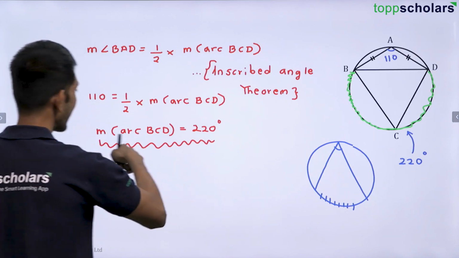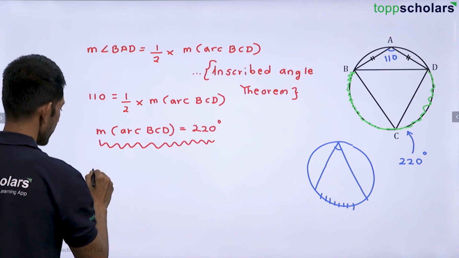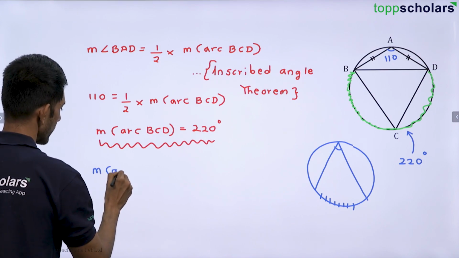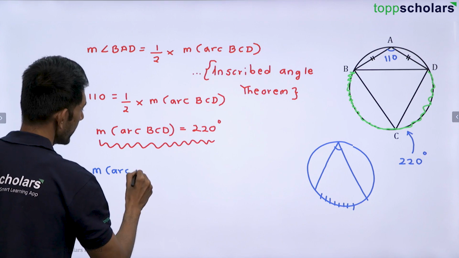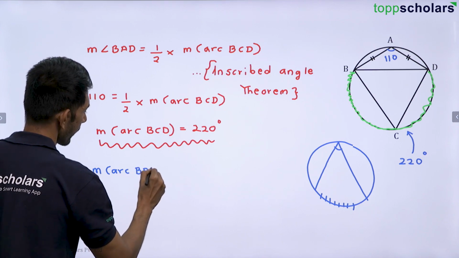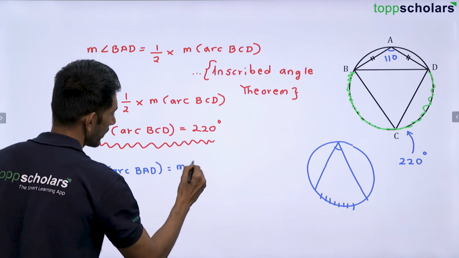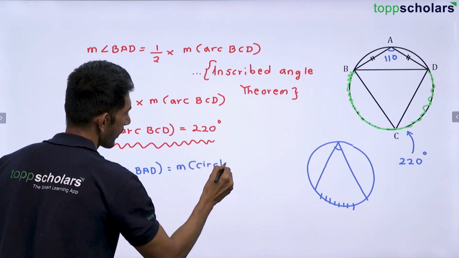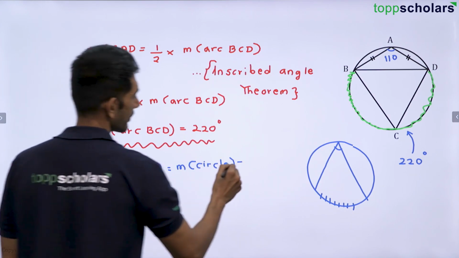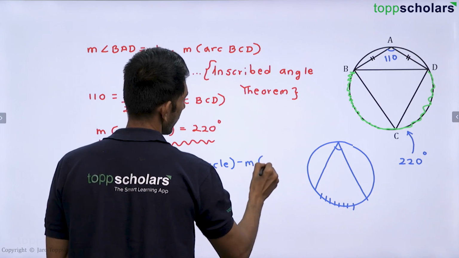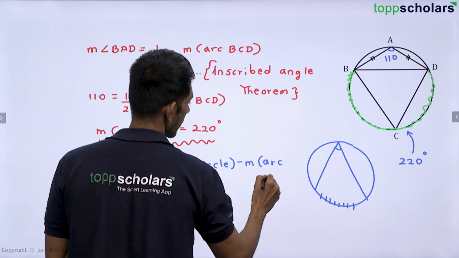Okay. So here can I say further that measure of arc BAD is equal to measure of circle minus measure of arc BCD.